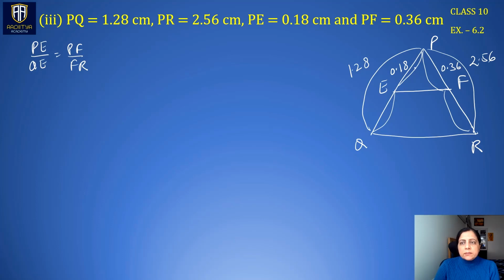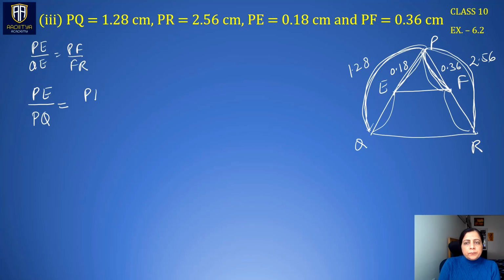Or the way it is given in this question, you can take the ratio between different parts, like PE is the smaller part, and you can take this ratio as PE over this whole PQ. This is also a different way to take the same ratio. And if you are taking PF in the numerator, you have to maintain the same order. If PF is in the numerator, denominator should be PR. PF upon PR.